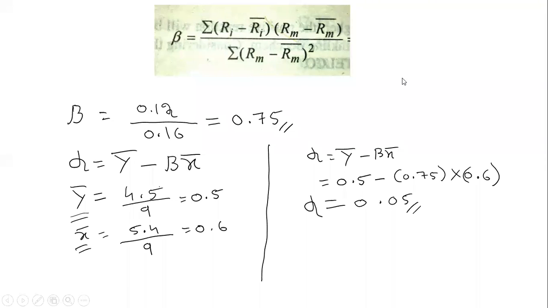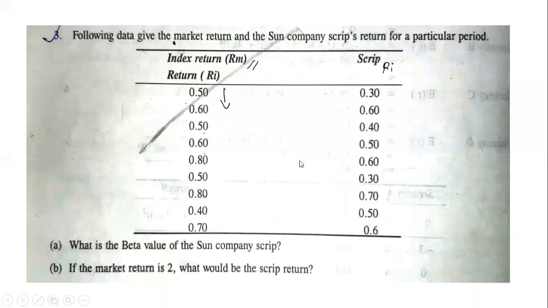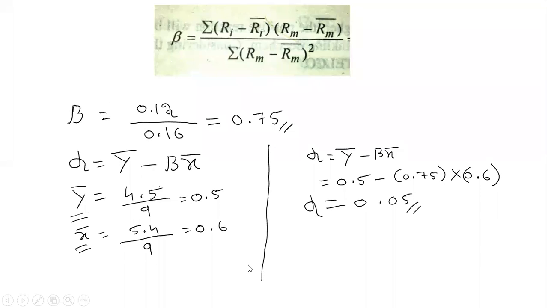Now let's move to the second question that was asked in the problem. That was, if the market return is 2, then what would be the scrip return? To calculate that, we have to use the formula Ri is equal to alpha plus beta into Rm, that is nothing but market return.